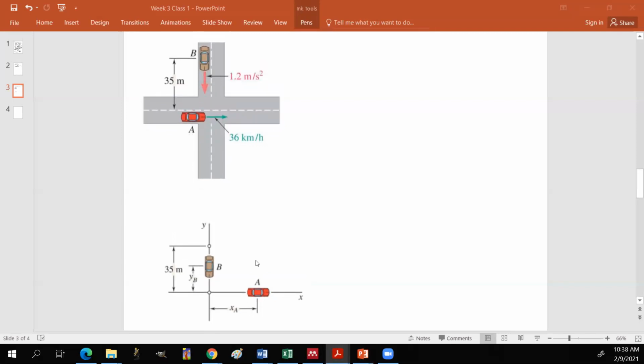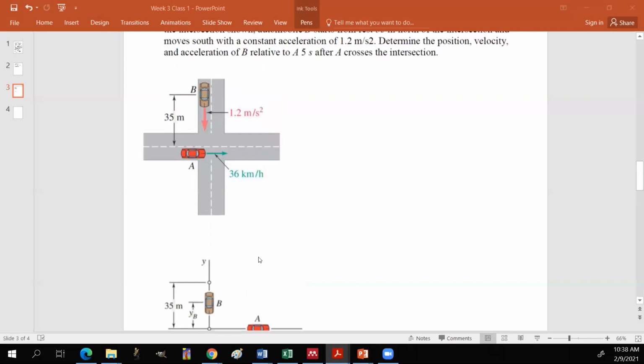And what we're told is that VA is equal to 36 kilometers per hour. And we're told that this is constant, right? So we're told that the acceleration of A is equal to 0, right? And it starts from this origin over here.